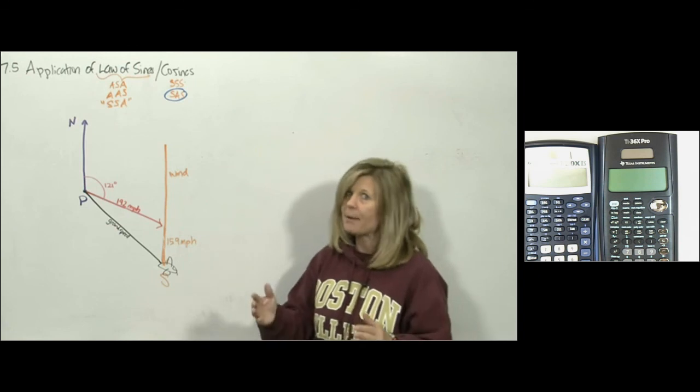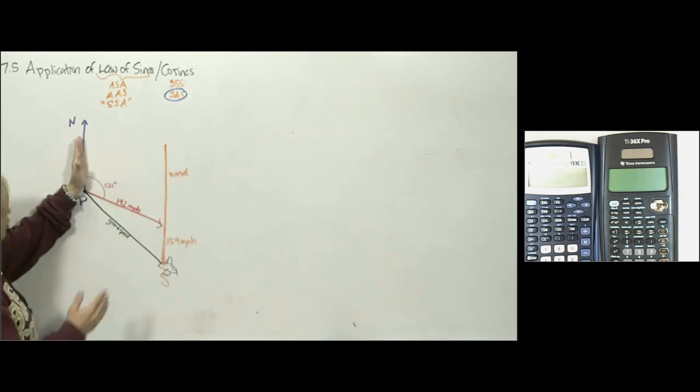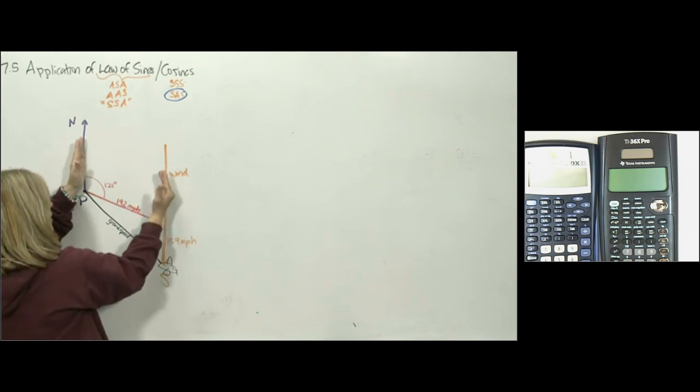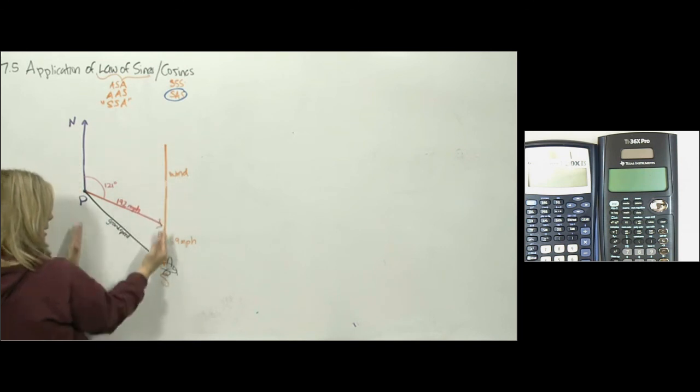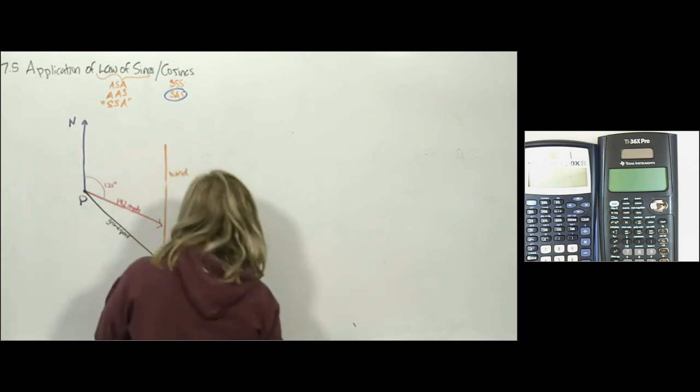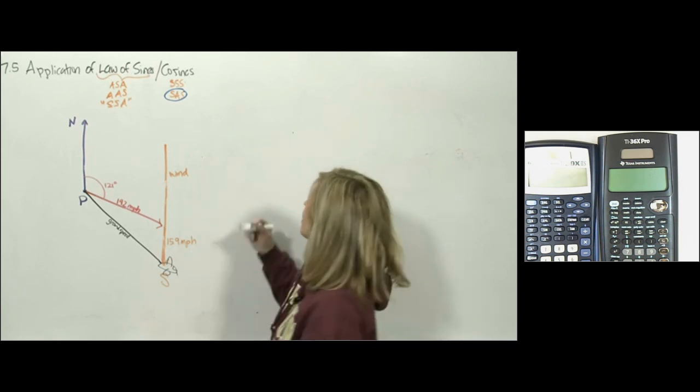Well, again, it's about knowing geometry. If you agree, this vector here, the north vector, and this vector here that's going north to south are parallel to each other, correct? Parallel. We talked about this when we talked about angles of elevation and angles of depression.